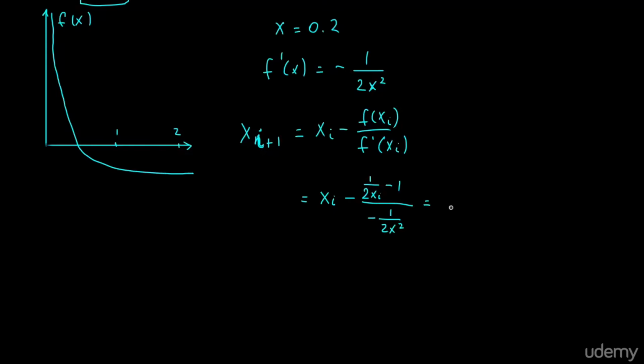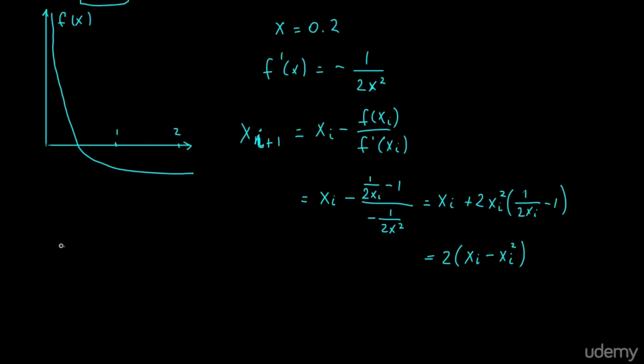And after we simplify this a little bit, we get x_i plus 2x_i squared multiplied by 1 over 2x_i minus 1. And just factoring out the x_i, we can say that this is essentially 2 times x_i minus x_i squared. Okay, so we now have an iterative expression for the subsequent term, and we can actually start plugging in these values.